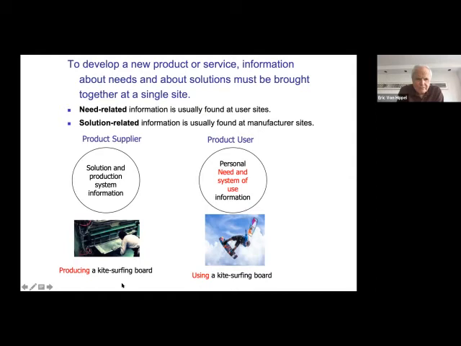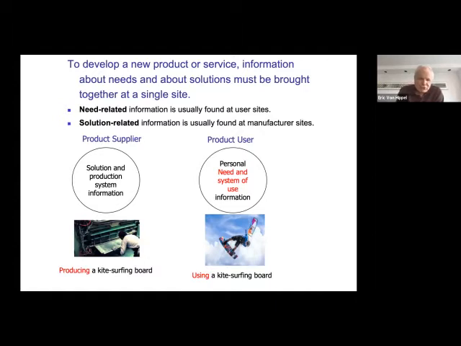So the first thing to think about is that users know some things and manufacturers know other things. And both of these types of things must be brought together to actually successfully develop a new solution. So obviously, as we know, product users have needs, personal needs, company needs, and they have a system of use information. That is, they know what they're trying to do in large.